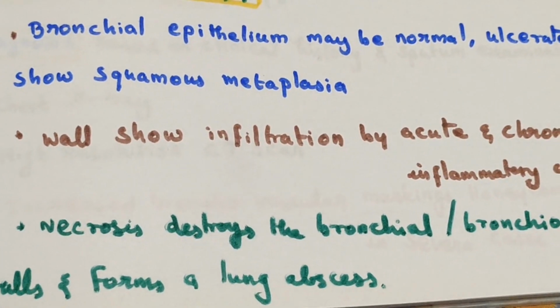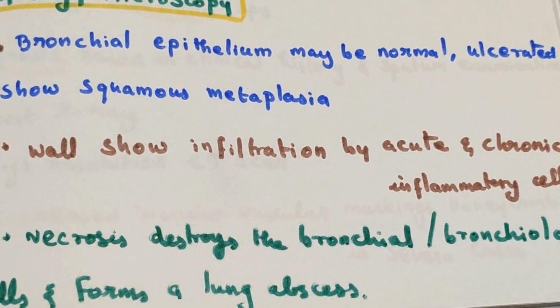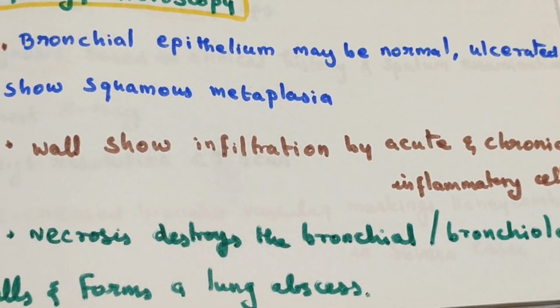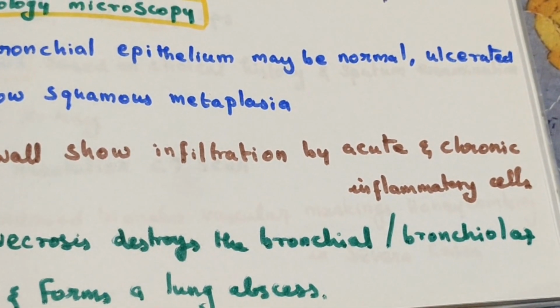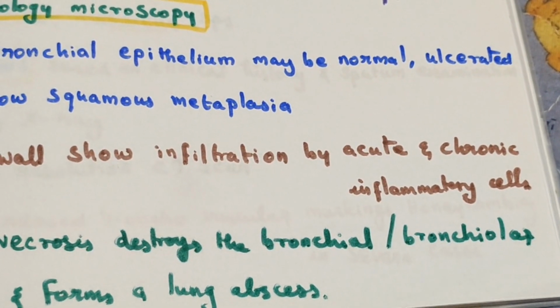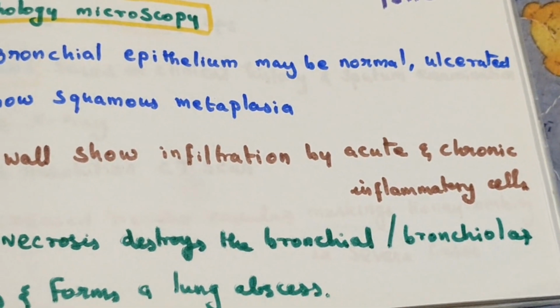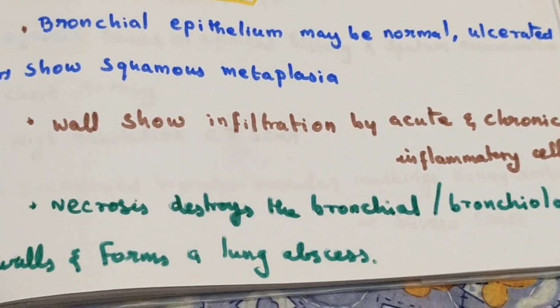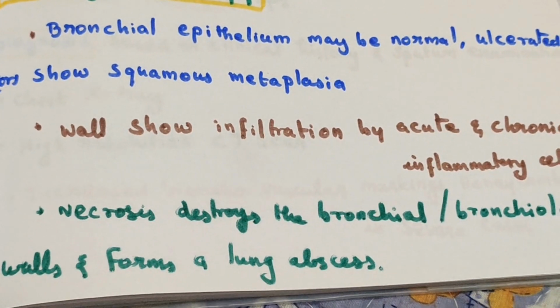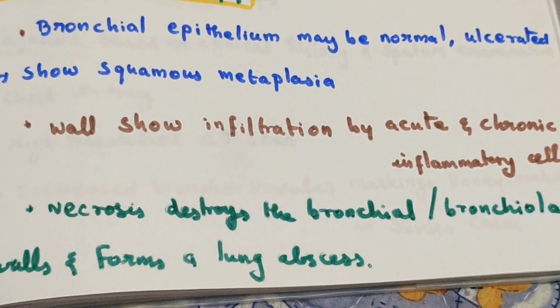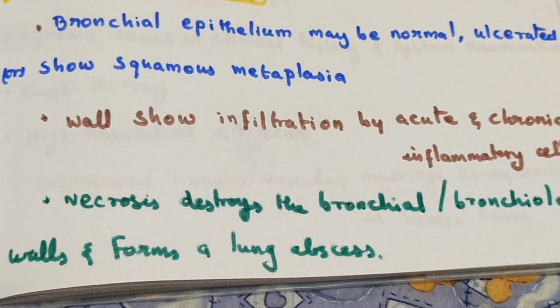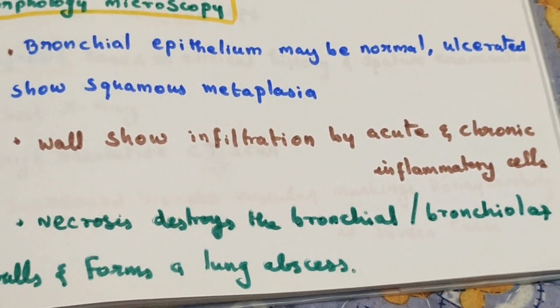The wall of bronchi and bronchioles shows infiltration by acute or chronic inflammatory cells, depending upon the type of inflammation. Whenever there is acute or chronic inflammation, necrosis is often evident, which destroys the bronchial and bronchiolar wall.